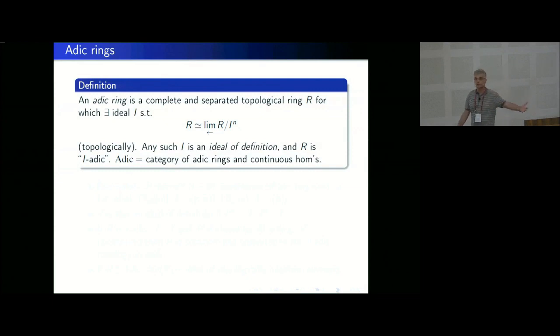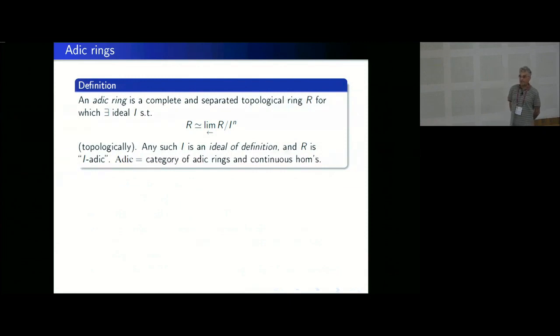There will be much more talk about adic rings, but here is a concise definition. An adic ring is a complete and separated topological ring R for which there is an ideal I, so that R topologically is the inverse limit of R over I to the n. So of course the intersection of all I to the n is 0, and R is I-adically complete.